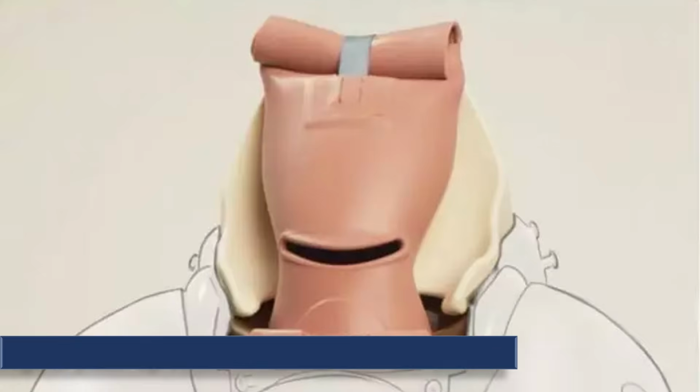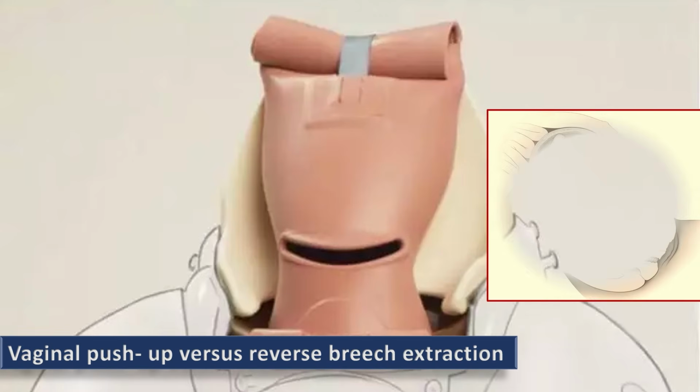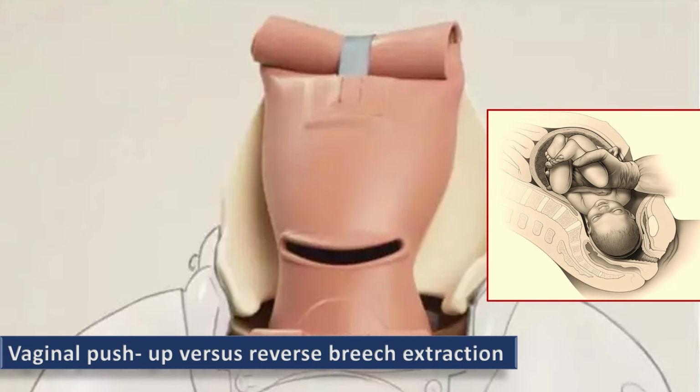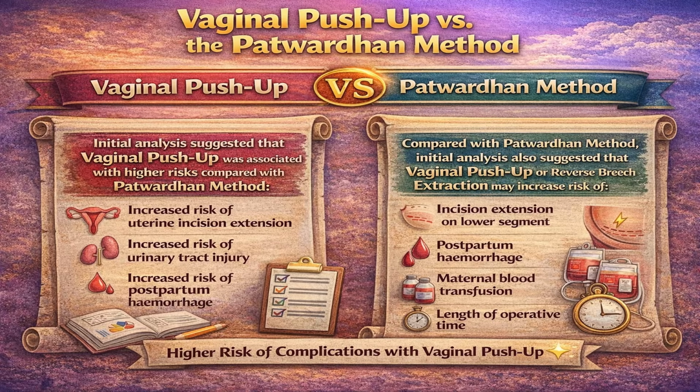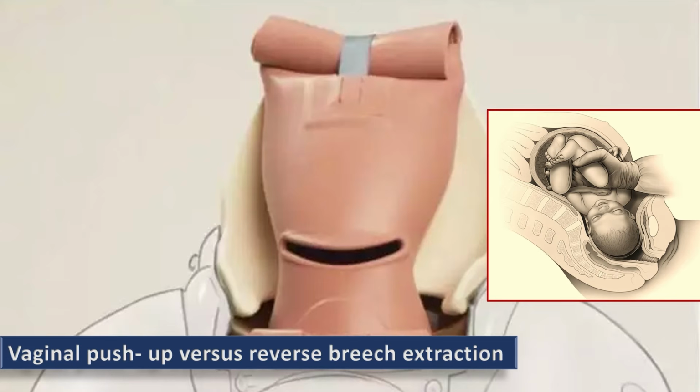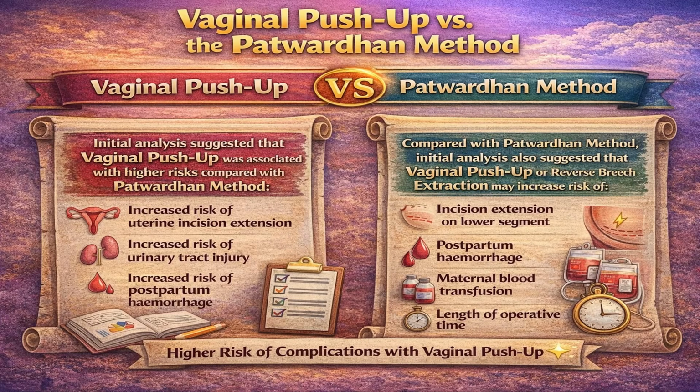When the vaginal push-up versus reverse breech extraction comparison was done, the vaginal push-up was associated with poor maternal outcomes, including increased maternal operative blood loss, longer operating time, and risk of postpartum hemorrhage. Now, vaginal push-up versus Patwardhan method. Initial analysis suggested that vaginal push-up was associated with a higher risk compared with the Patwardhan method.